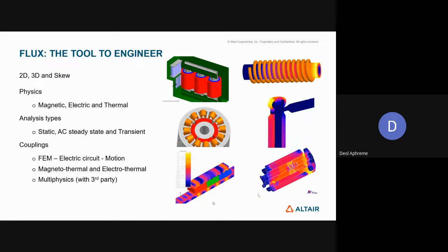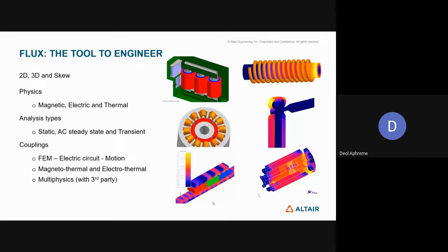AC steady state is the frequency domain, so if you have harmonic components of your frequency, you can simulate them in AC steady state. Then comes the transient, which is the time variant. Everything that changes with respect to time can be simulated in transient. So starting of generators, lightning, or fault conditions all fall in transient.